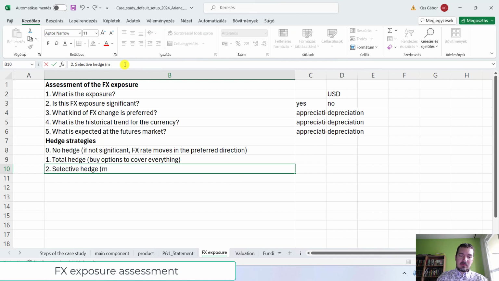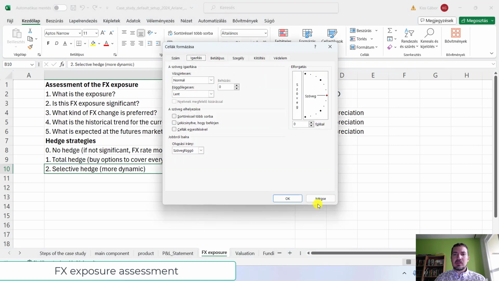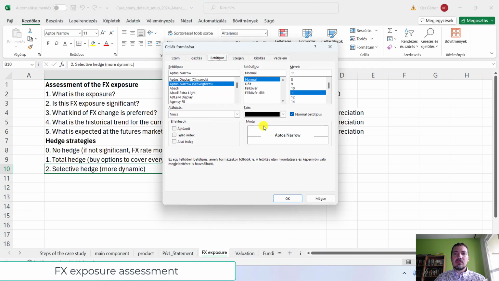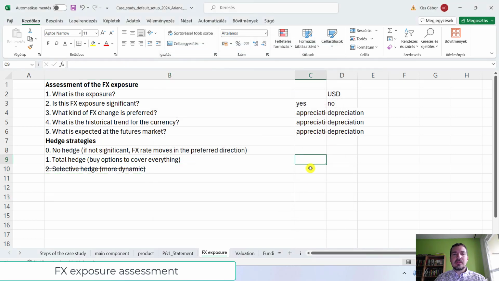So in this class, we don't care about this one because that would be way more complicated. We're just focusing on these two things.